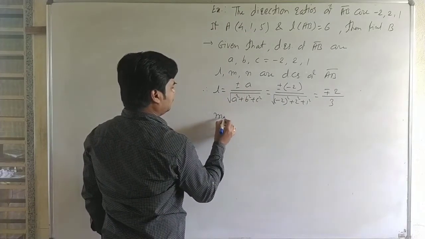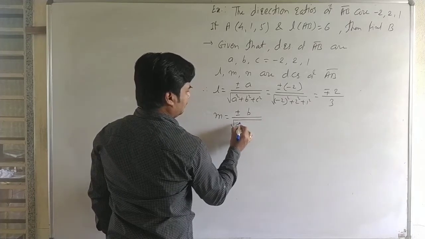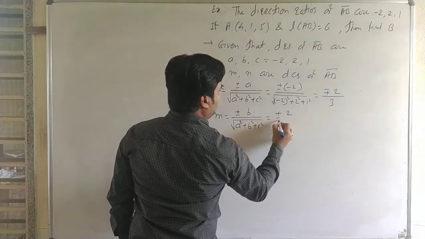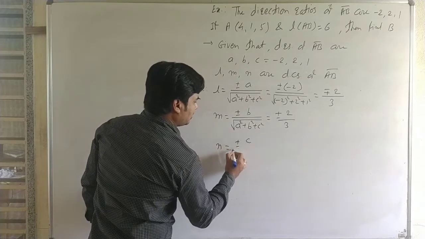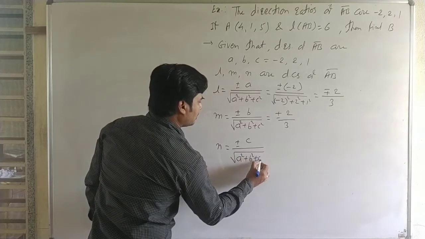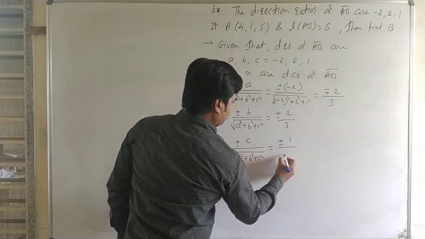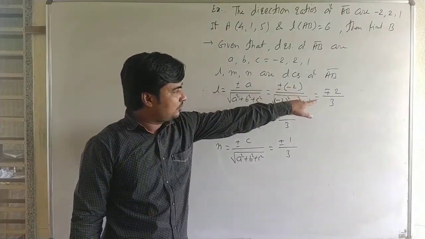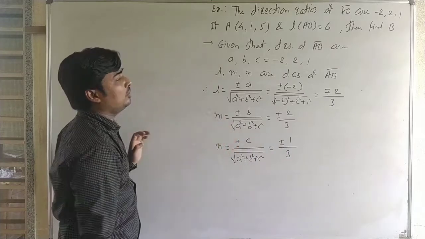Then m is plus or minus b upon under root a square plus b square plus c square, that is plus or minus 2 upon 3. And n is plus or minus c upon under root a square plus b square plus c square, equal to plus or minus 1 upon 3. Therefore L, m and n are minus plus 2 upon 3, plus or minus 2 upon 3, and plus or minus 1 upon 3.